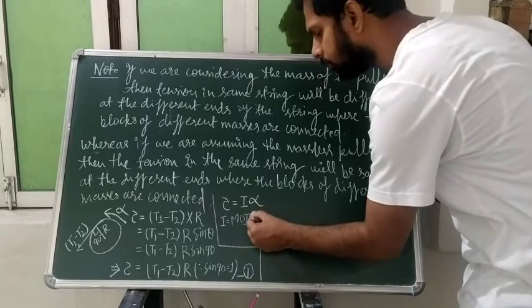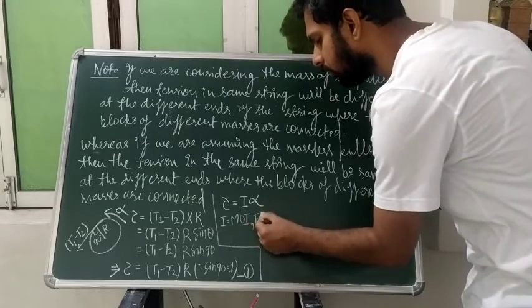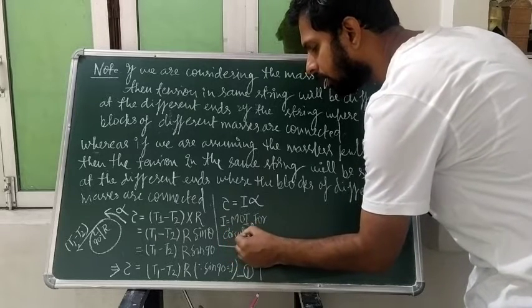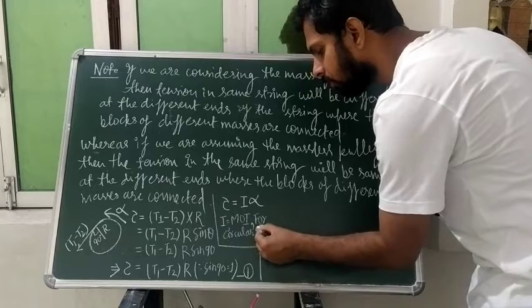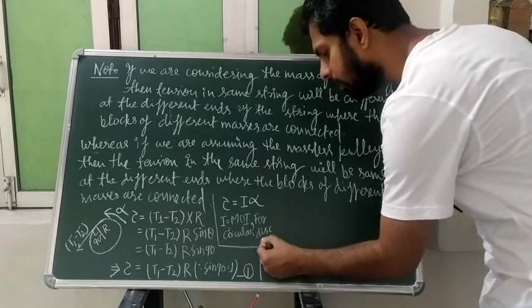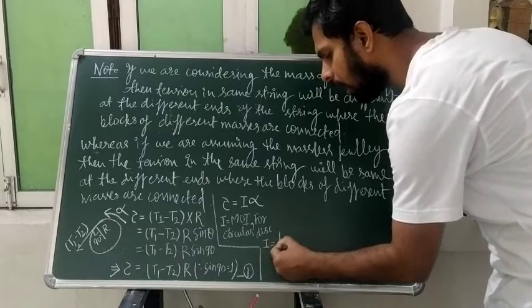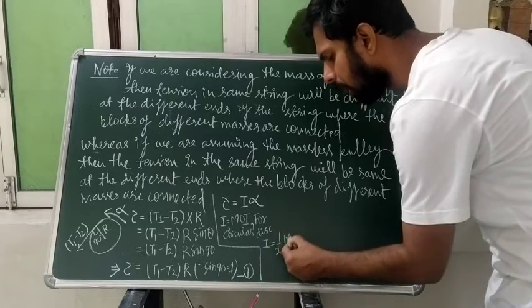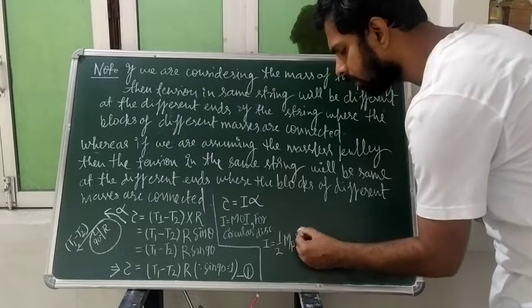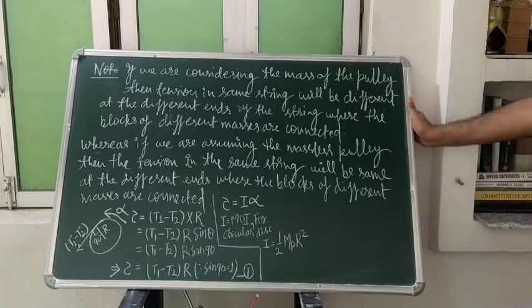And for a circular disc, I is half times the mass of that circular disc times the radius square. Isn't it, student?